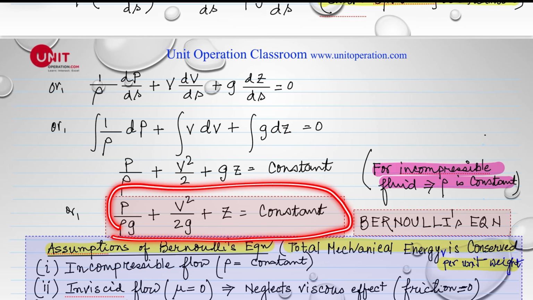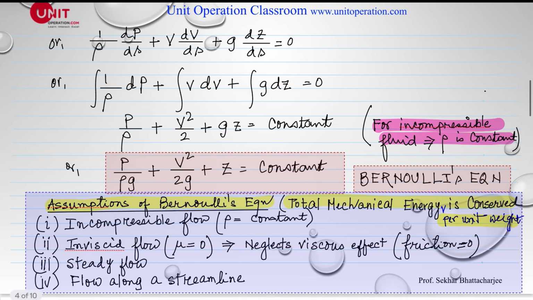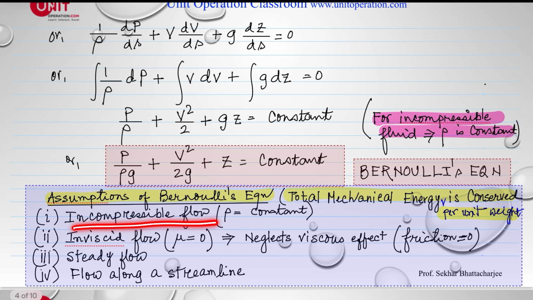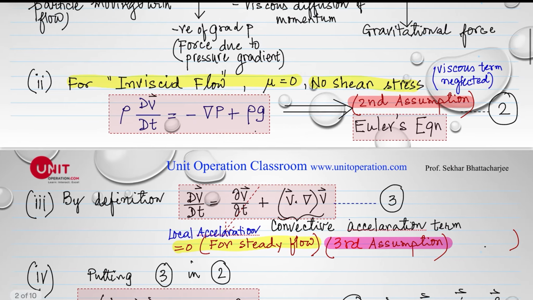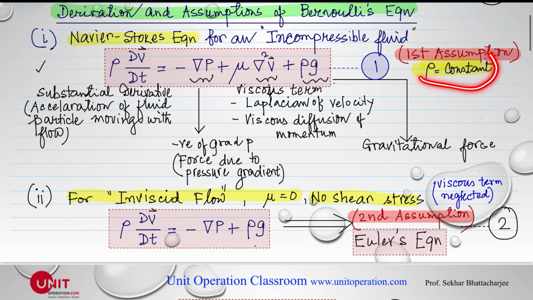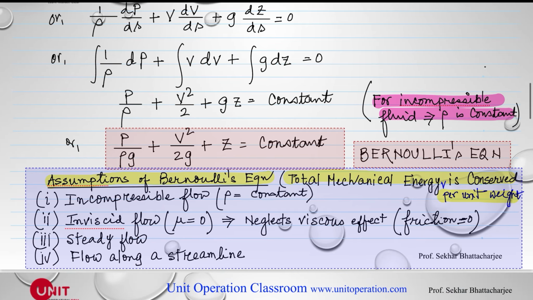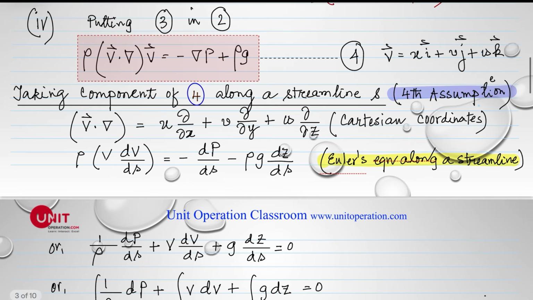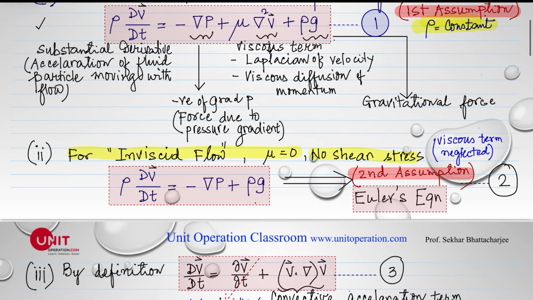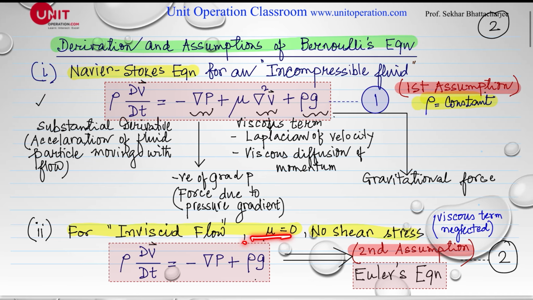So in the Bernoulli's equation, what are the assumptions? First, incompressible flow. Remember the very first one we did here, that density is constant. It's an incompressible fluid. Next, of course, is the inviscid flow. We just discussed that. That's my second assumption.